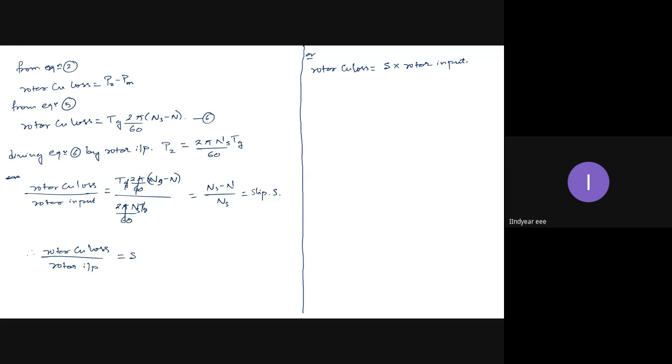This is one of the important relations that we need in the circle diagram calculations. Rotor input is nothing but the power across the air gap, that is P2.